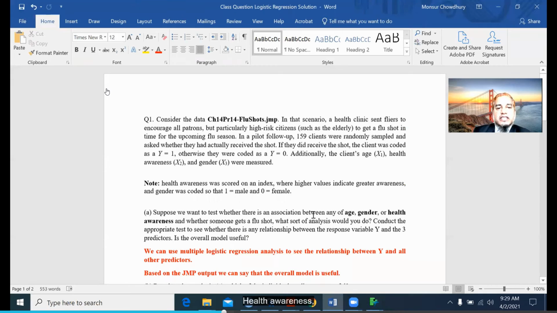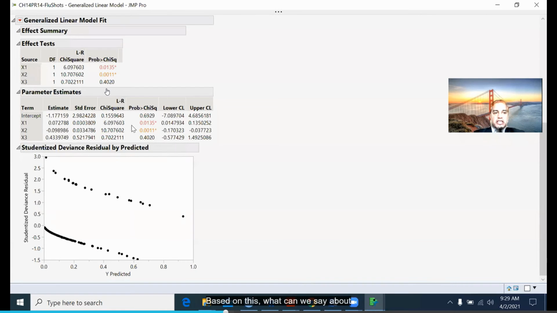So health awareness, clients, and whether they get a flu shot or not. Okay. Based on this, what can we say about this interpretation in terms of the probabilities?